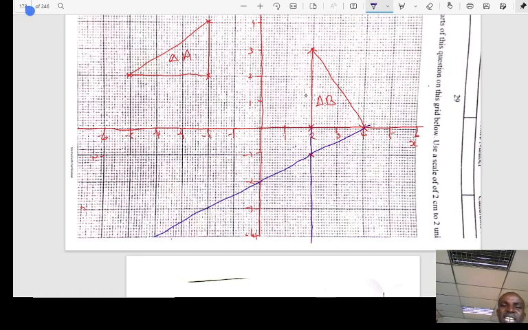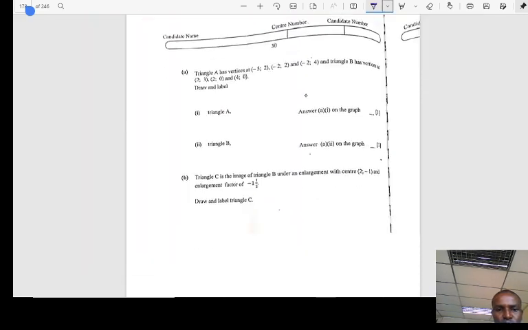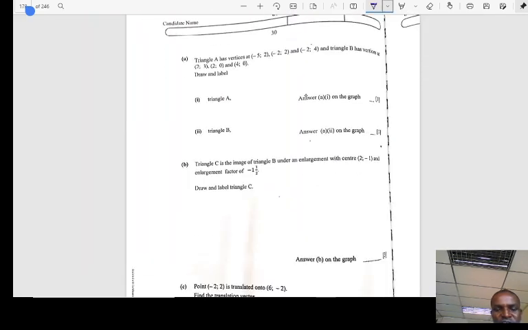So these are the lines which pass through the center from the furthest point of triangle B, right? Center 2 minus 1.